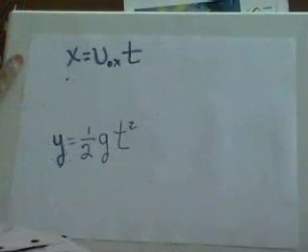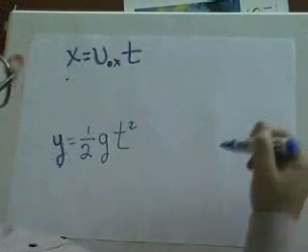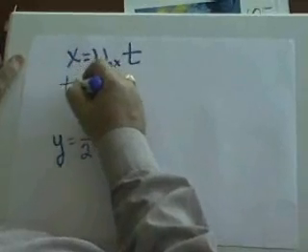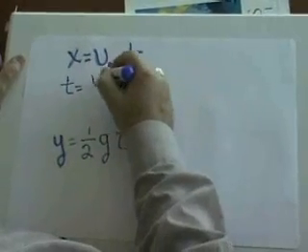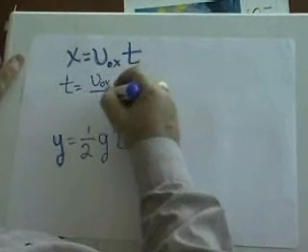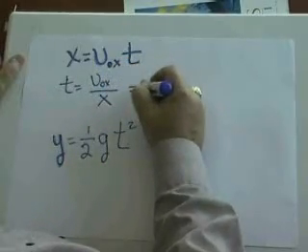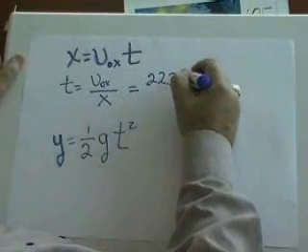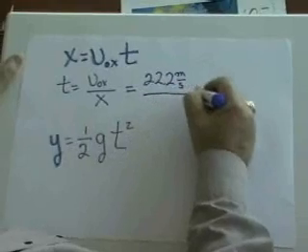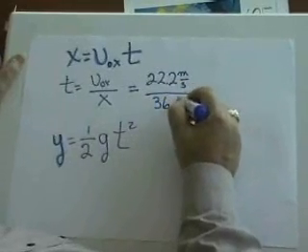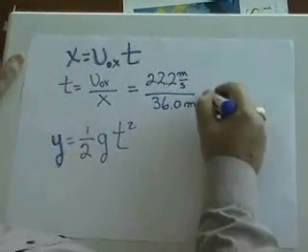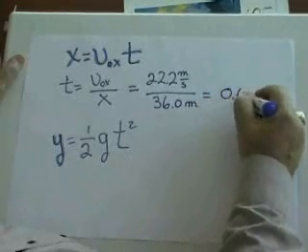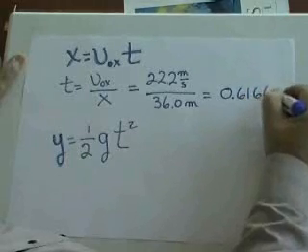Now, transferring my two equations of motion to another piece of paper here, I want to calculate T, and we're going to know that T is equal to X divided by V naught X, and then putting in the numbers from our graph, we have 36.0 meters divided by 22.2 meters per second, and we'll get a T that's going to look like 1.6216.